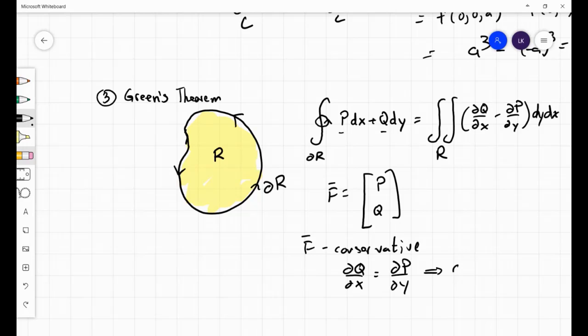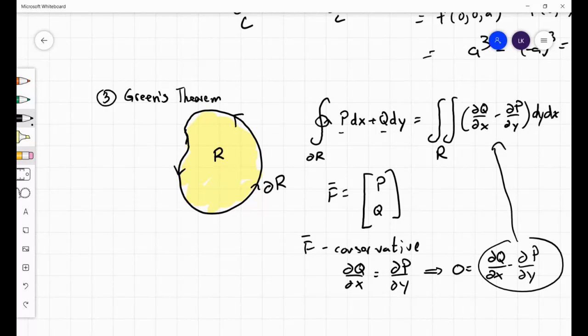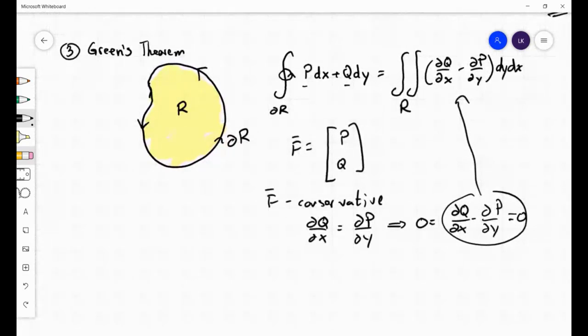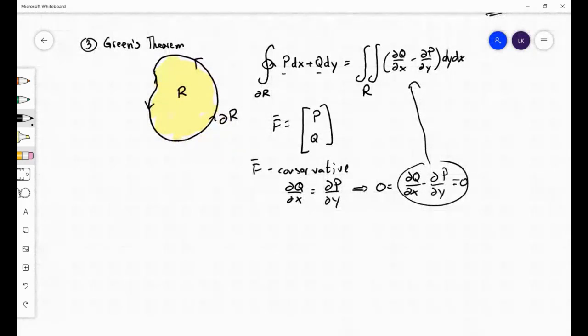So that means that on the right-hand side of Green's theorem, this quantity here would be 0, right? So for any conservative vector field, the work integral around a closed loop is 0. Okay. Right, so let's do an example of Green's theorem then.